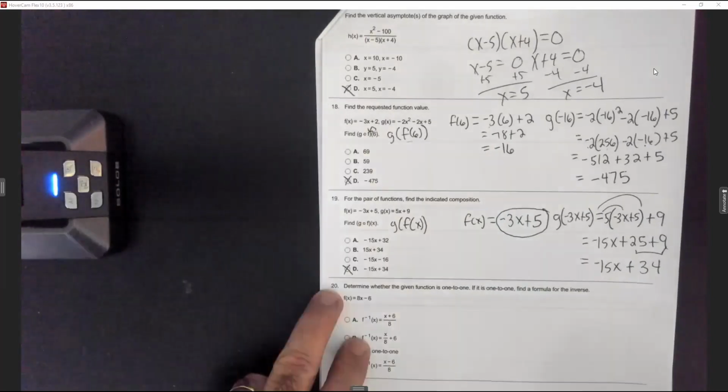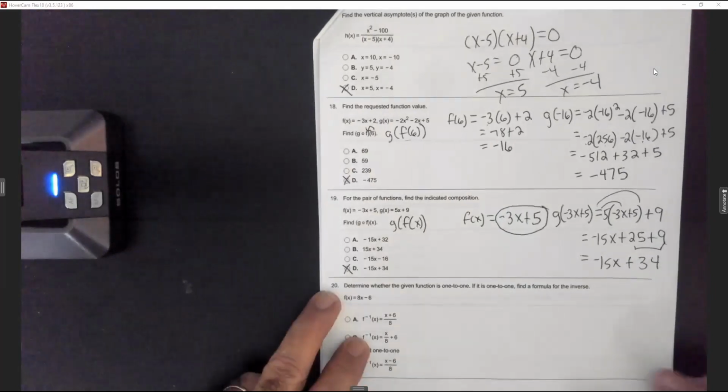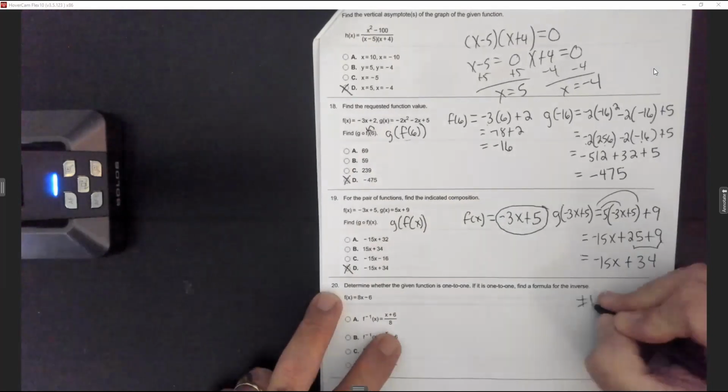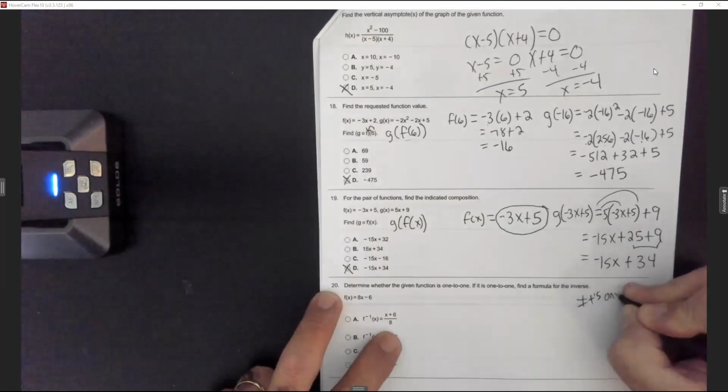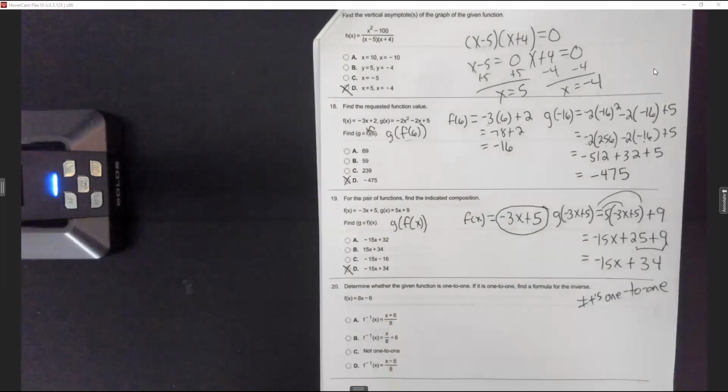All right, let me put this number 20. It says determine if it's 1-to-1. If it's 1-to-1, find the formula for the inverse. Guess what? No matter what version you got, it's going to be 1-to-1.